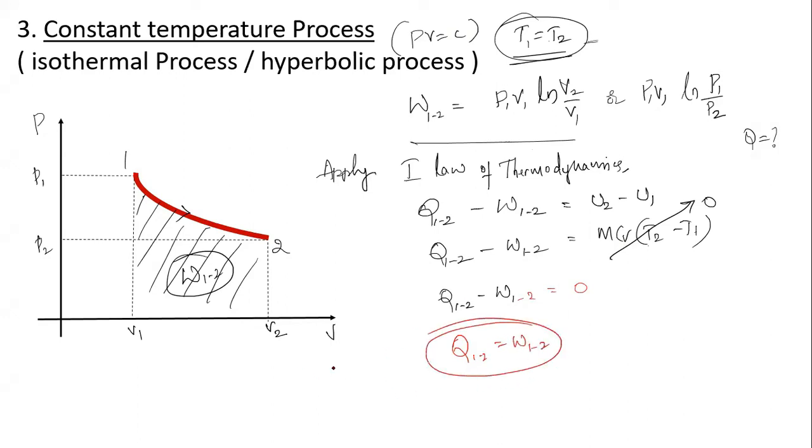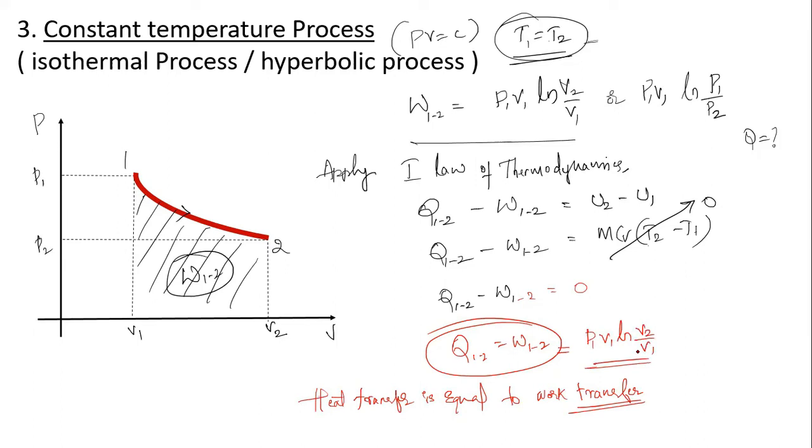That is, heat transfer is equal to work transfer. In an isothermal process, the work expression is P1 V1 ln (V2 by V1).